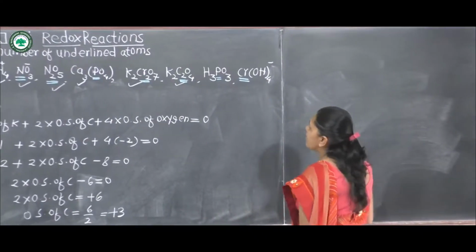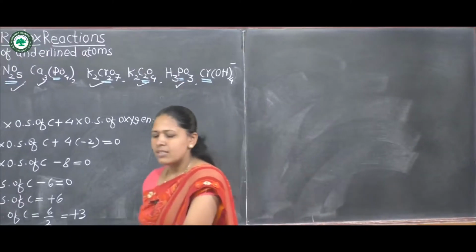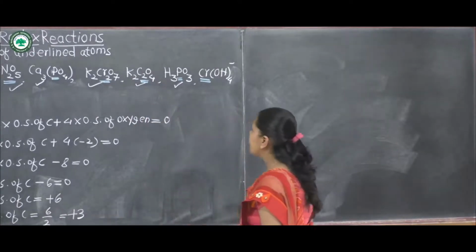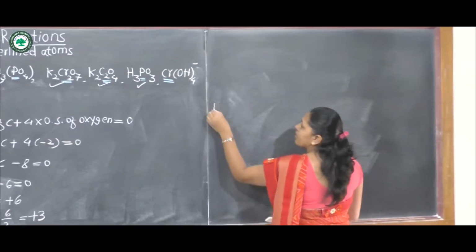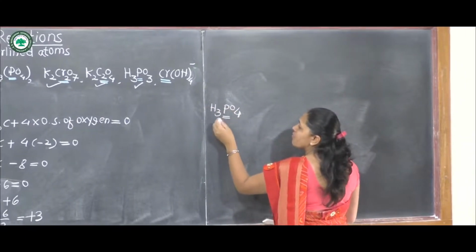Then the next example, that is the 10th example, phosphoric acid, H3PO4. In this example, we have to calculate the oxidation state of phosphorus.